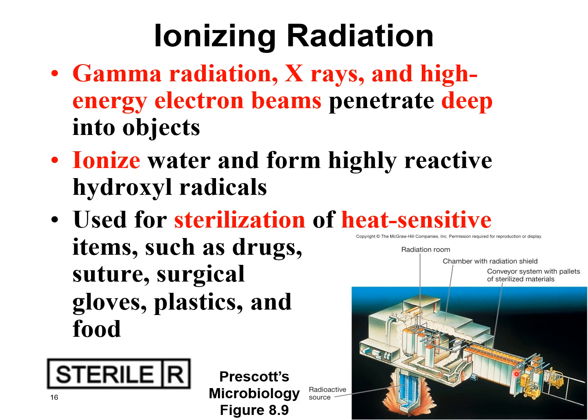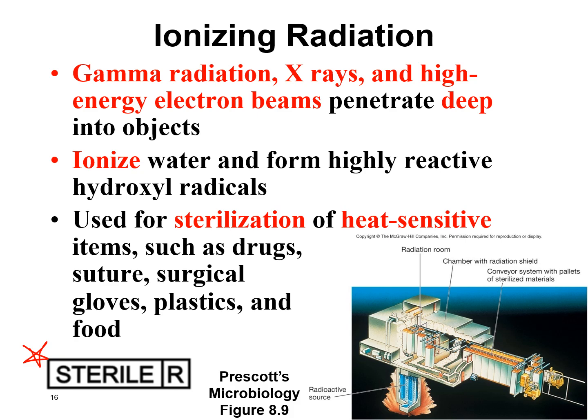And this does not require any heat, so you can use this for things that are sensitive to heat, so that's really good as well. If you're working in a hospital or clinic and you see "sterile" with an R on packages, you know that it's been sterilized with this ionizing radiation.